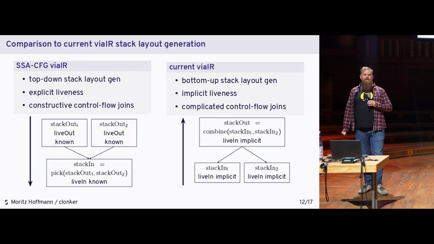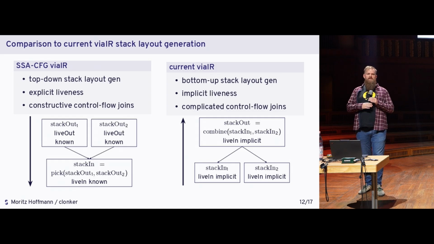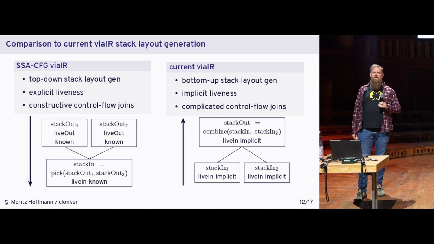Compare that to the current viaIR, which doesn't have an SSA form. It uses a bottom-up stack layout generation because of that, which means you look at function returns, you look at reverts and stuff, and then say, okay, at this point in time, that's my current stack layout, and I'm going to propagate it back up.